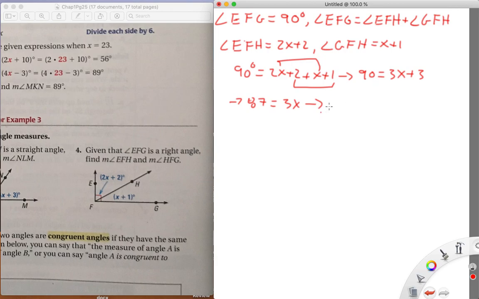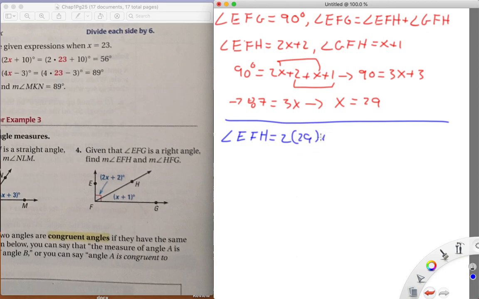And I get that x is equal to 29. Alright, so x is equal to 29. Then I'm going to substitute that back in. So, angle EFH equals 2 times 29 plus 2, which is 58 plus 2, which is 60.